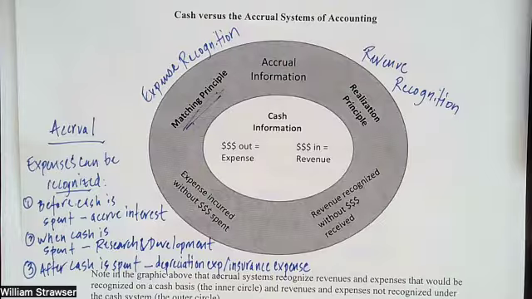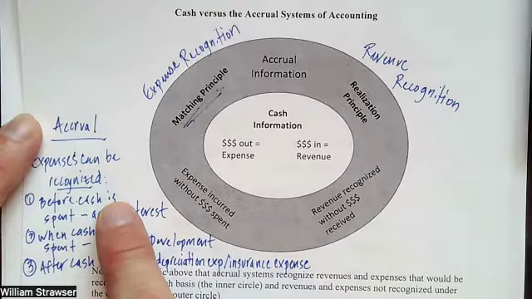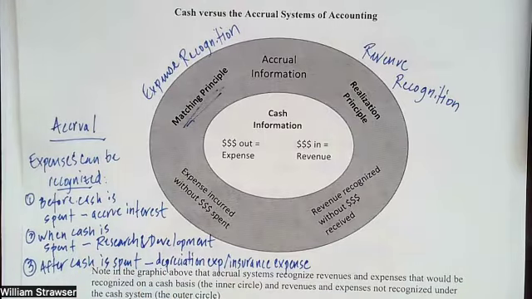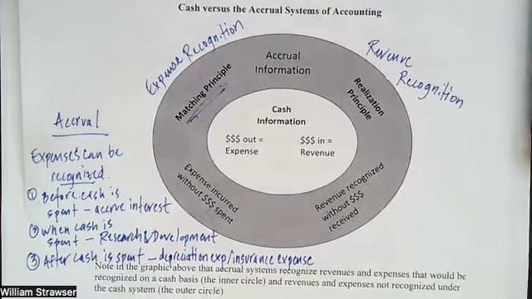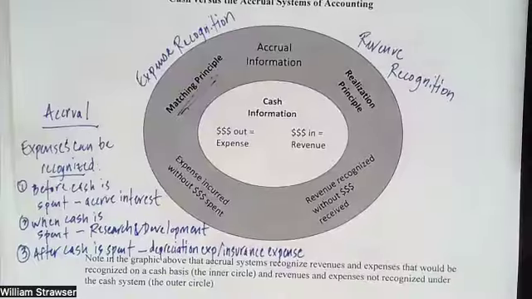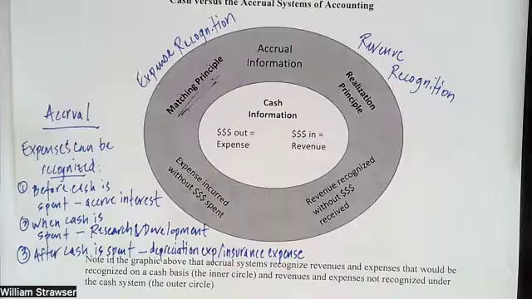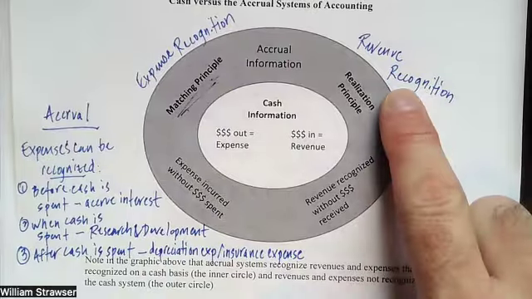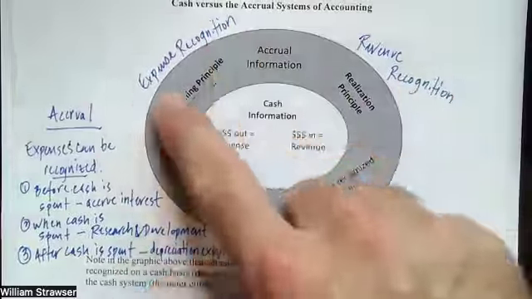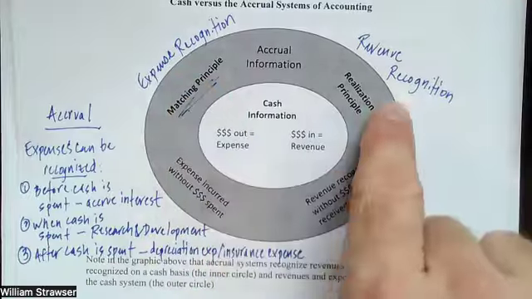But it, in addition, gives us that flexibility to recognize these things before cash is spent or after cash is spent when the situation warrants it. And then you're asking, well, when does the situation warrant it? You have to go back to yesterday and understand what the criteria are for recognizing revenue under revenue recognition. And after we've recognized revenue, how do we decide what expenses to recognize in that period with this revenue?